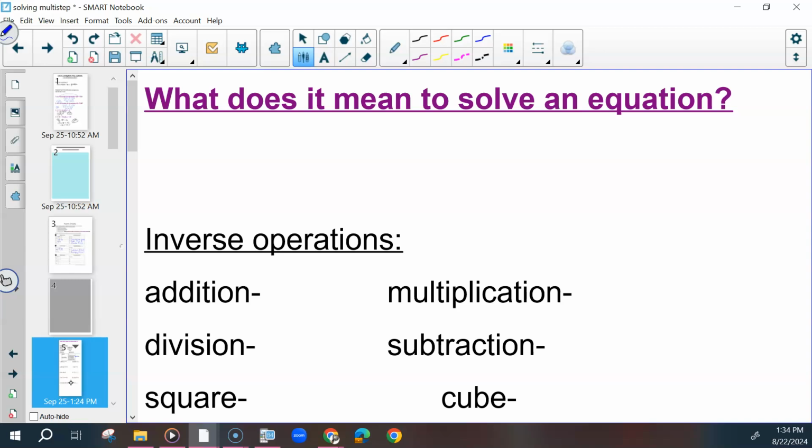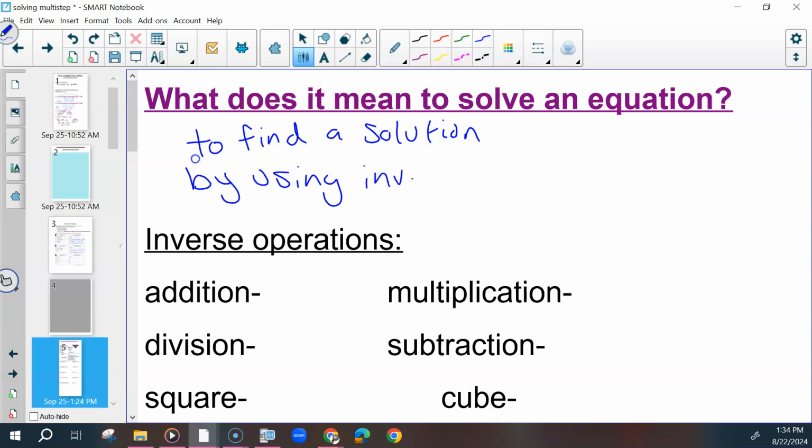So, to find a solution by using inverse operations.